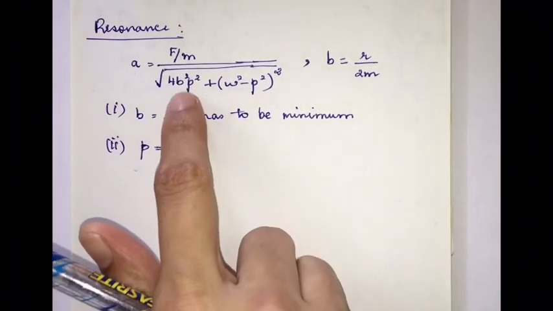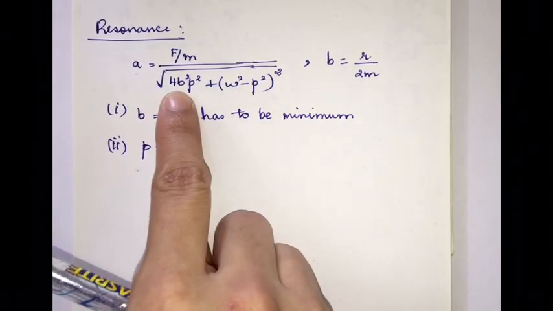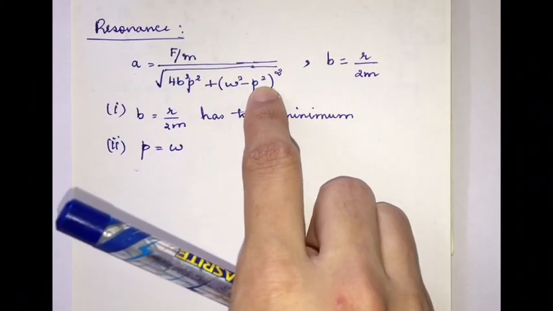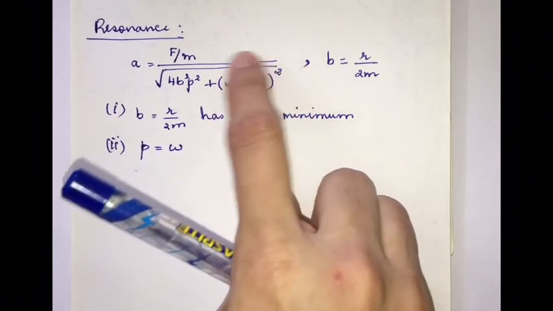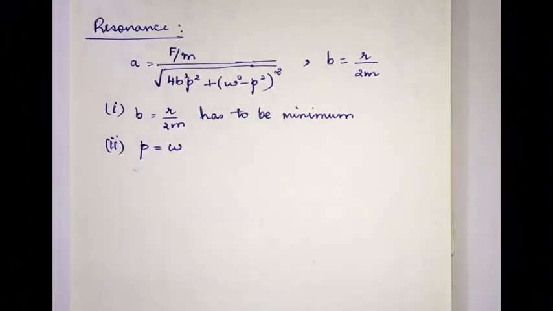So in this equation, if the denominator has to become minimum, either b should be small or omega should be equal to p, so that this becomes 0 and the denominator becomes minimum. Let us see theoretically how we can prove these two conditions.